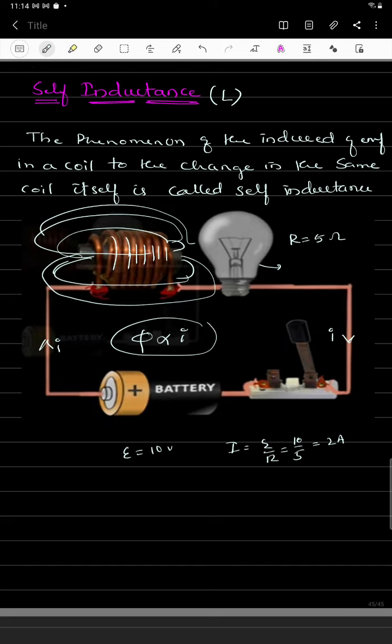So this EMF is induced in a coil when the current in the same coil changes, and the phenomenon is called self-inductance. Let us now derive this expression. The self-inductance expression is L equals what will you get?